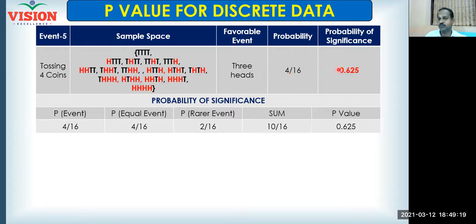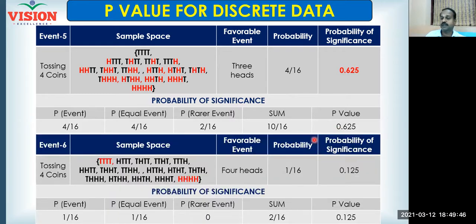The probability of getting three heads is 4 by 16. Is there an equal event? Yes, the probability of getting three tails, that is an equal event. And the probability of the rarer event, what is the rarer event? More than 3. 4 heads is one possibility, and 4 tails is another possibility. So that is 2 by 16. And so the total is 10 by 16. The p-value is 0.625.